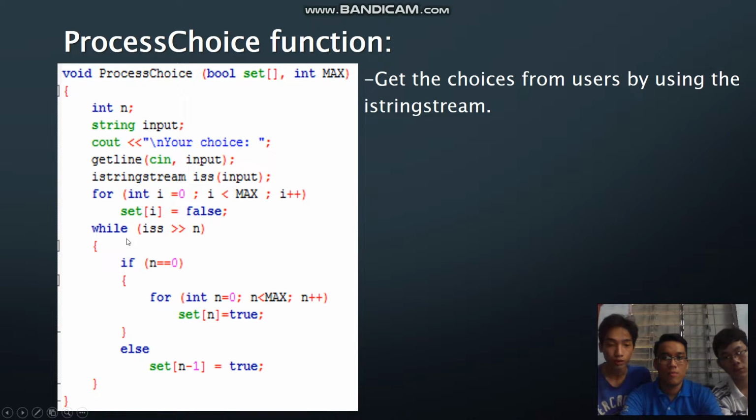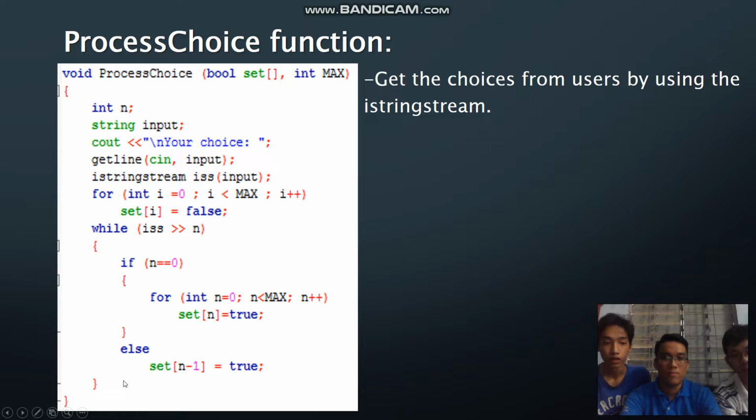I use a while loop to read the content of the stream into the variable n, and if n equals 0, I use a for loop to make all the values of the array true, else the value in position n minus 1 becomes true. That is the way I get the choice of the user into the array.